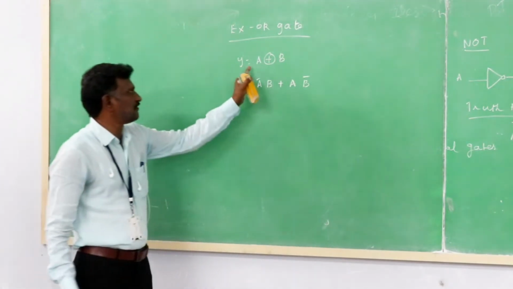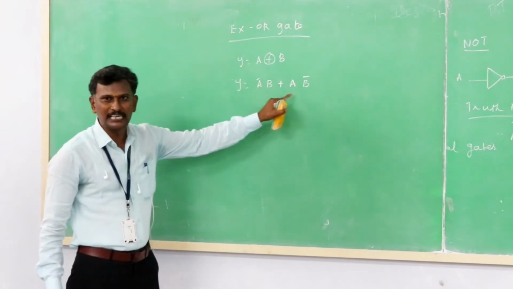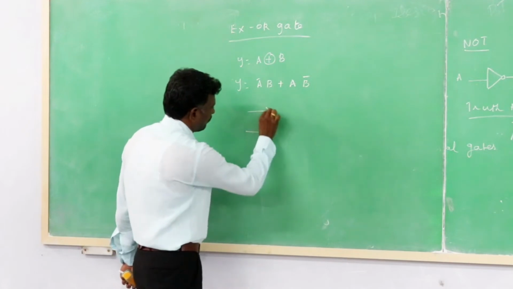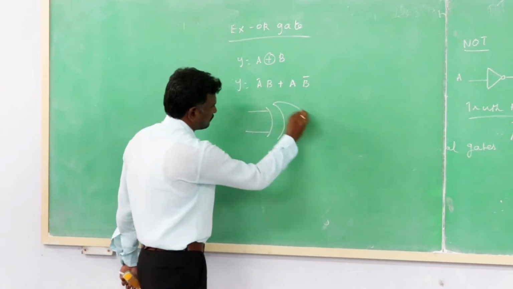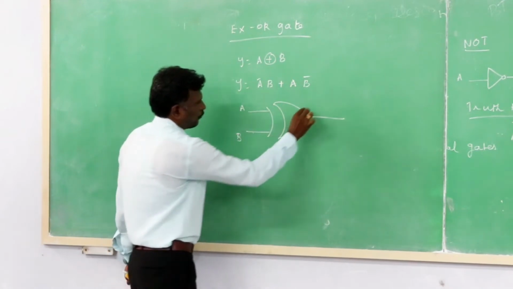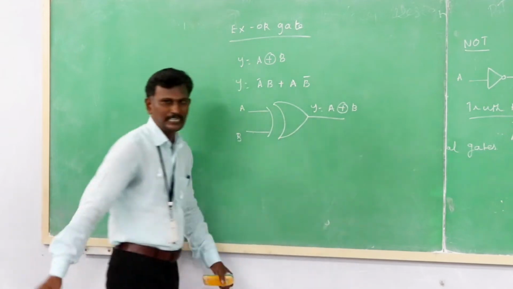This is the expansion of A exclusive-OR B. So this is the logic symbol of the exclusive OR gate, with inputs A, B and output Y equal to A exclusive-OR B.